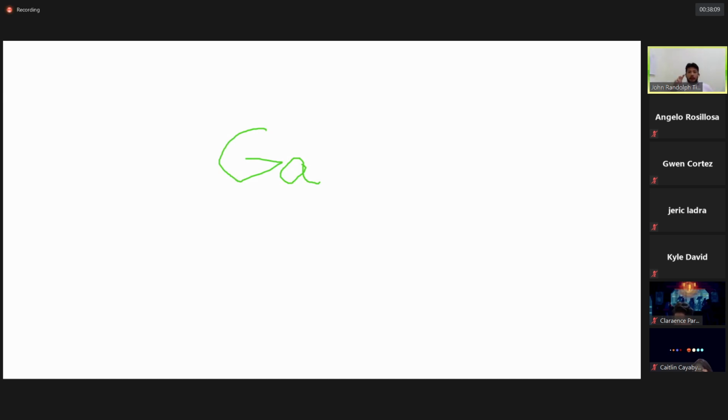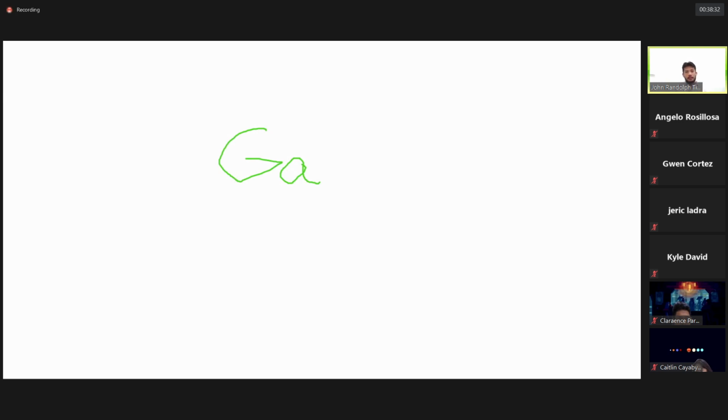Okay, Jairus, can you annotate? I'll give you the control. Pwede naman kayo mag-annotate, di ba? Okay, so Jairus, annotate there gallium. Write the Lewis dot symbol for gallium. First, you have to check what group number is gallium.